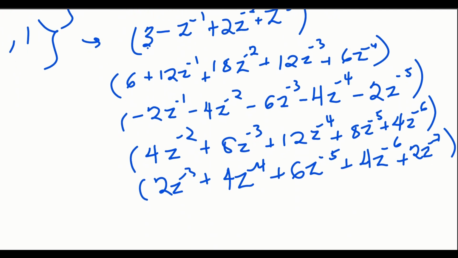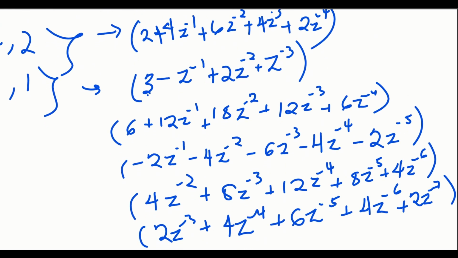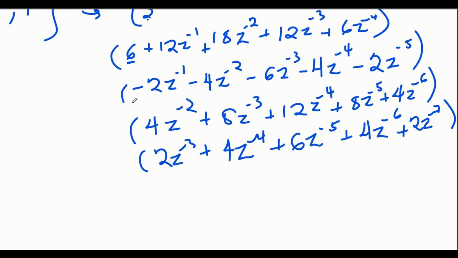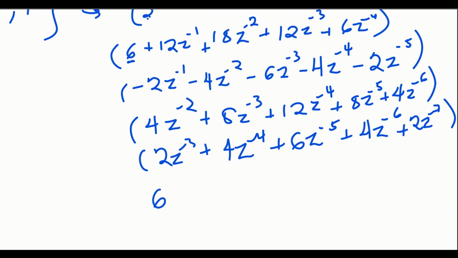Okay. Then once you are done, you have to add all of them. In the process of addition you realize that the only term with no z is 6. So your answer here will be 6, plus the next term.